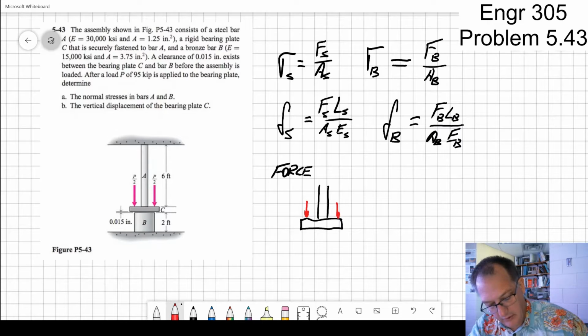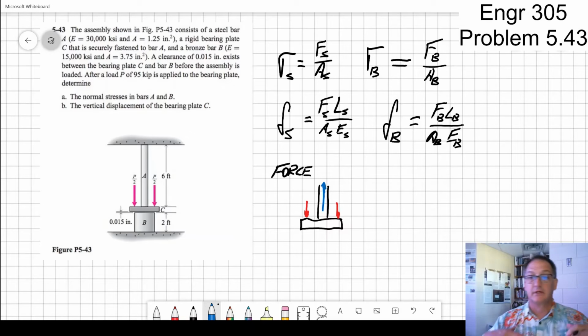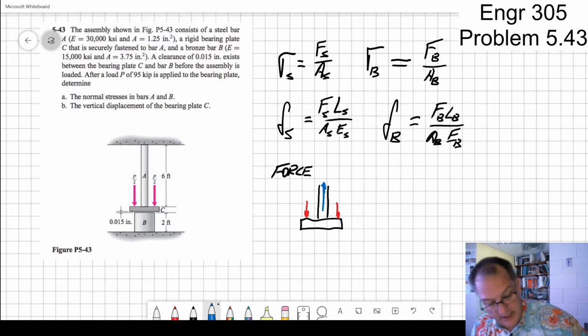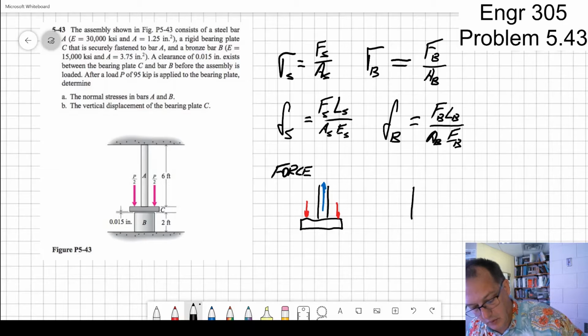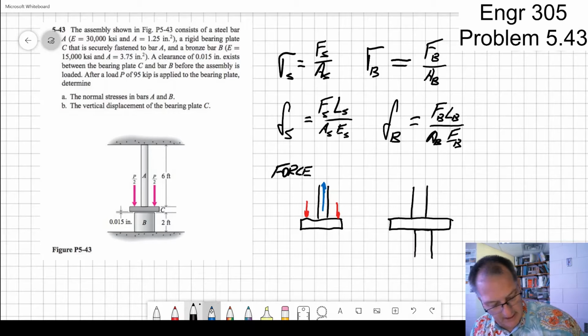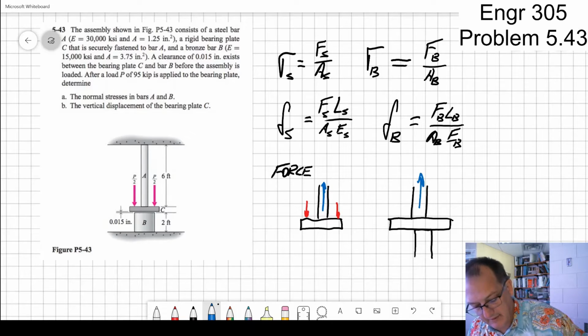I have my load there and I have a reaction force there. And this is the situation initially where they haven't come into contact. I also have a situation, draw it in black, where now they've come into contact, and I've got that pulling up and that pushing up.